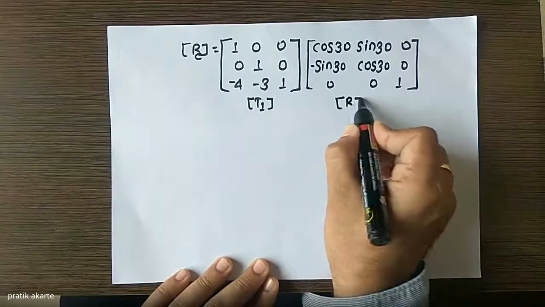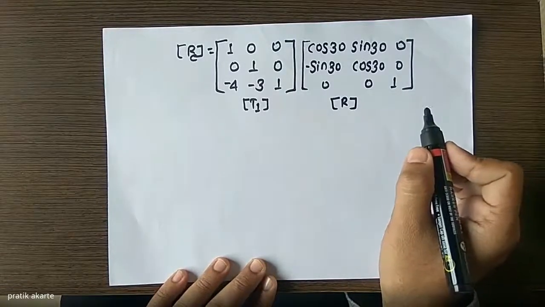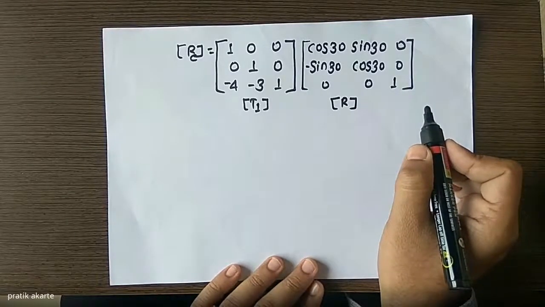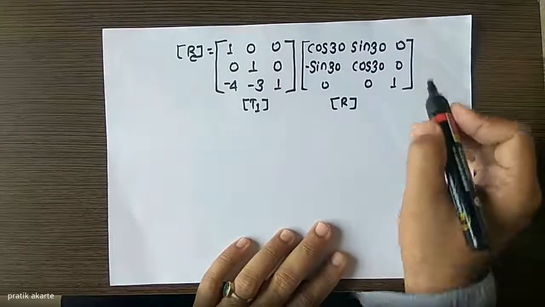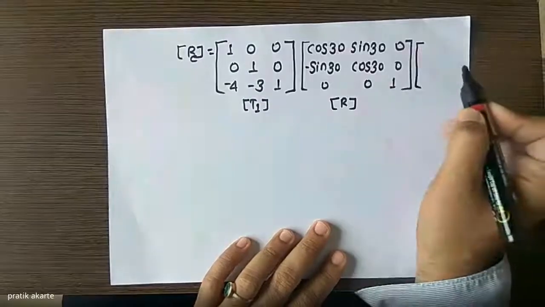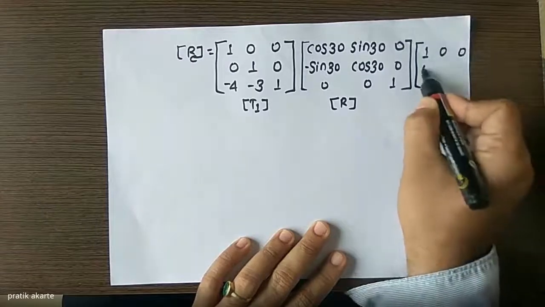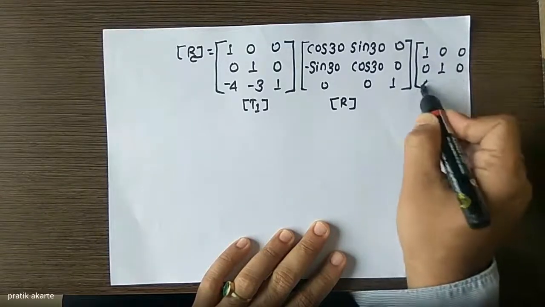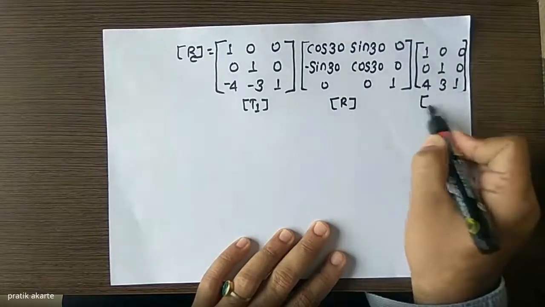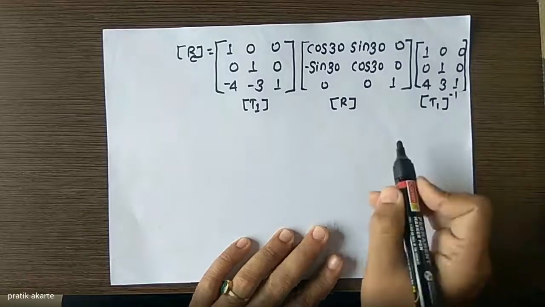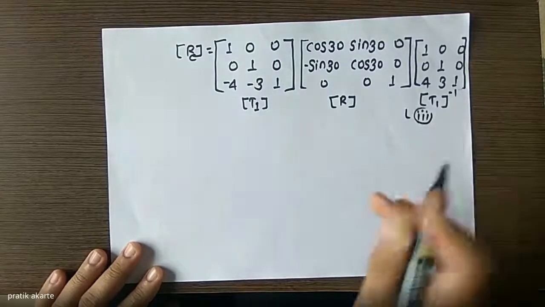This is my rotation in which we rotate about that particular point in anti-clockwise direction by 30 degrees, and then we'll be repositioning that point to its original position. So it will be 1 0 0, 0 1 0, 4 3 1. So this is my inverse translation. Okay, so this is your third transformation, rotation.